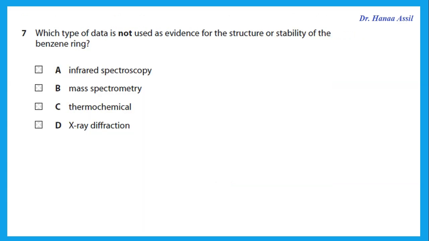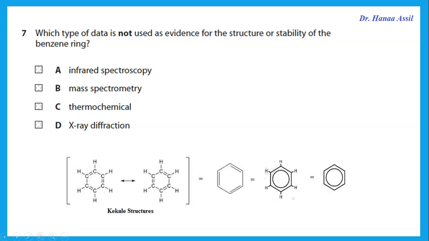Which type of data is not used as evidence for the structure or stability of the benzene ring? Remember the benzene ring? First, there was the suggestion of the Kekulé structures in which we have alternating single and double bonds.